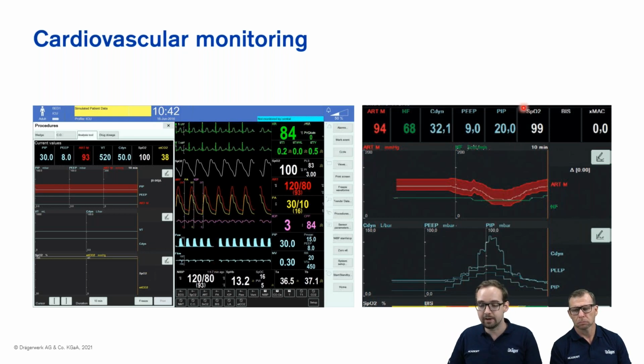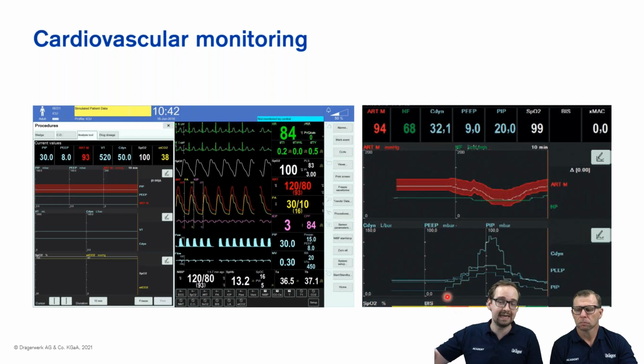And this is why we have created this analysis tool in our Infinity Acute Care system. What you can do is link the ventilator to our monitor and see both data on lung mechanics and arterial pressures or cardiovascular information at the same time, to see, yes, maybe we are increasing the dynamic compliance, but that comes at a price, which might be a negative reaction of the cardiovascular system.